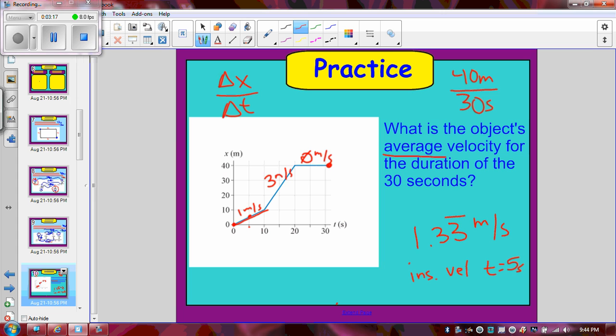The slope at 5 seconds is 1 meter per second. So while the average velocity is 1.33 meters per second, the instantaneous velocity at the exact time of 5 seconds would be 1. Like I said, that will come more in handy in Unit 3.